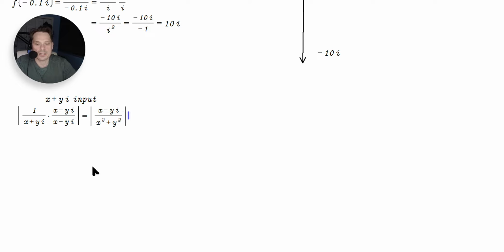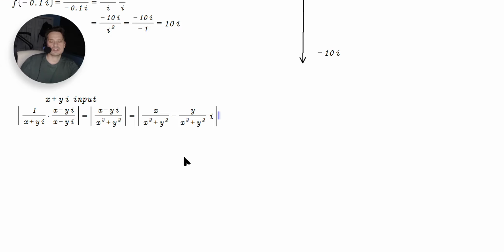All right, so then you can split it into the real and imaginary parts. Therefore, you're going to have x over x squared plus y squared, and then minus y over x squared plus y squared, and then i. So this is equivalent to the original, even if it looks different.